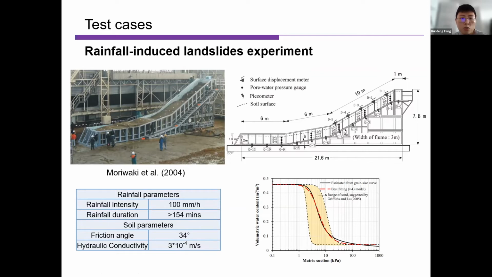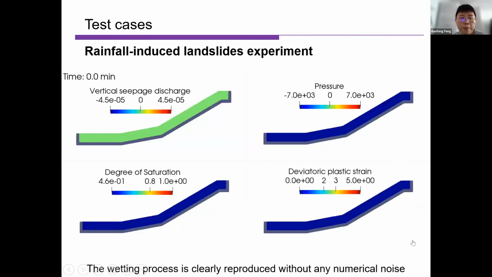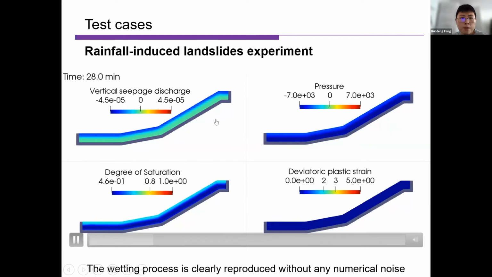The rainfall duration is greater than 2.5 hours. So it's a very long-term simulation, which is quite challenging in our case. If we run the simulation, we can see as we start, there is water flow from the flat surface, and when the wetting front reaches the impermeable bedrock, there is accumulation of water.